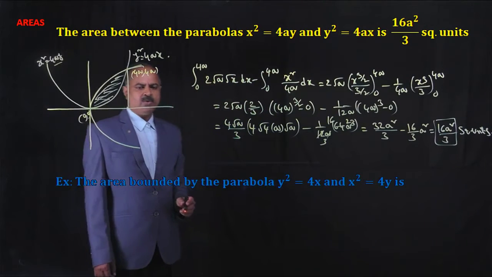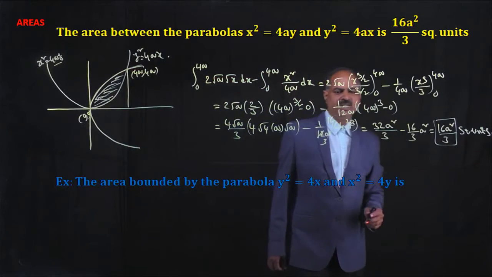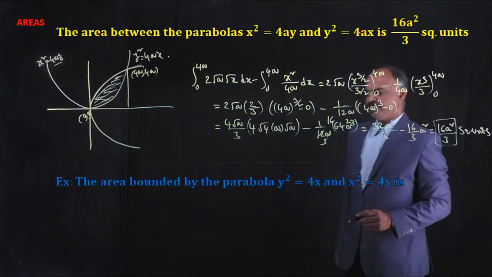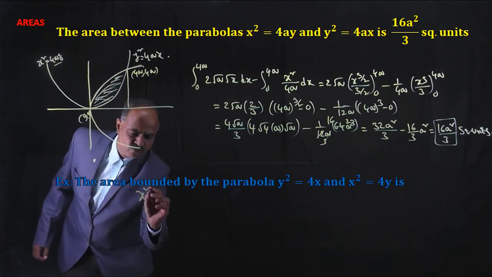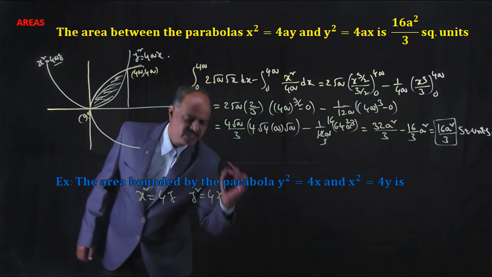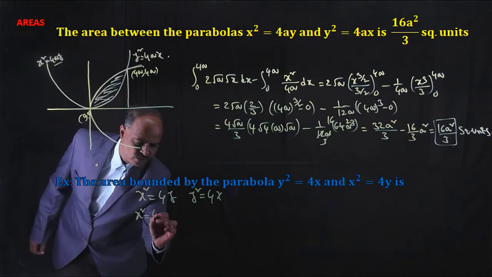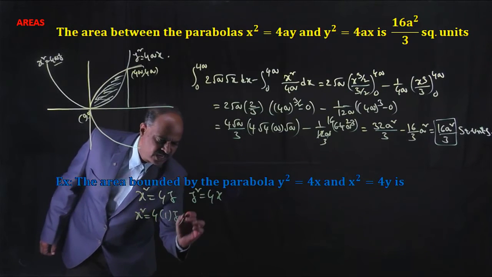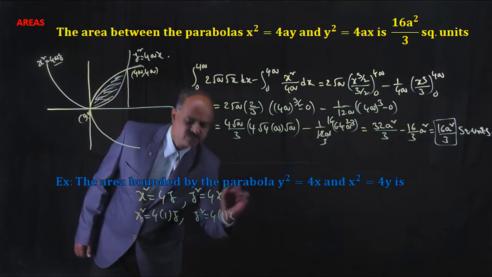Suppose, for example, the area between the parabolas x^2 = 4y and y^2 = 4x. Here x^2 = 4 into 1 into y and y^2 = 4 into 1 into x.